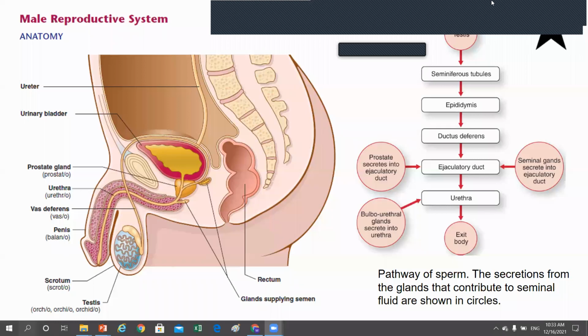For the male reproductive system, the major organs have been shown in this section. This is a section of a male body taken in a sagittal plane, so we are looking at half of the body because we are concerned with the pelvic region. We are looking at the organs contained in the pelvis.